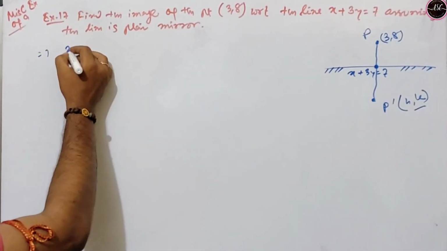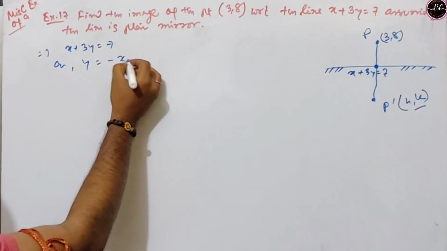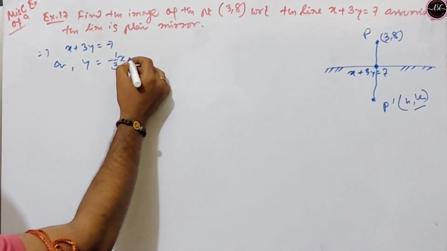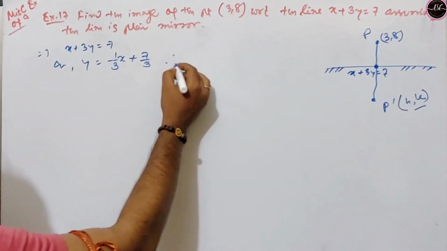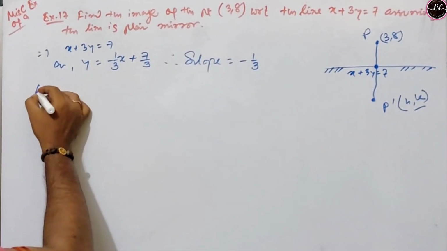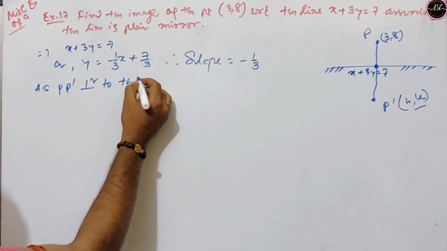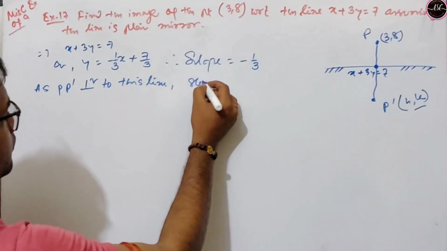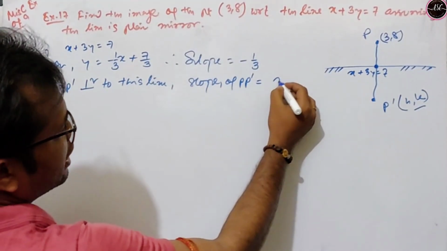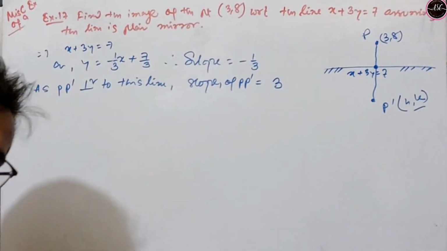So the given line is x plus 3y equal to 7, or y equal to minus 1 by 3 x plus 7 by 3. Therefore the slope is equal to minus 1 by 3. As PP dash is perpendicular to this line, the slope of PP dash equal to 3.